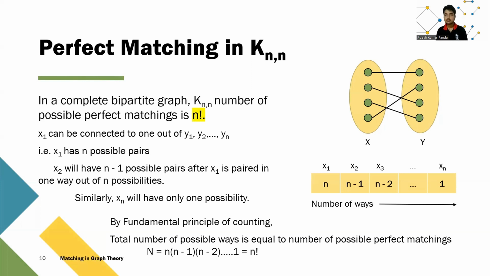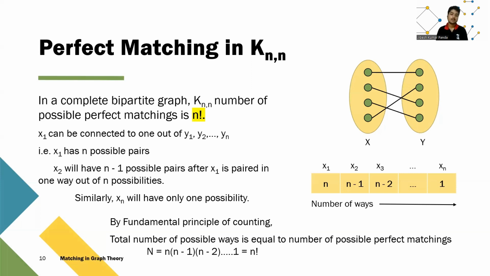If we connect x1 with any of the y, there will be less opportunity for x2 to be connected with. Means x2 will have n minus 1 possible y's to be connected. Consequently, x3 will have n minus 2 possible pairs, and so on up to xn, which will have only one possibility left.